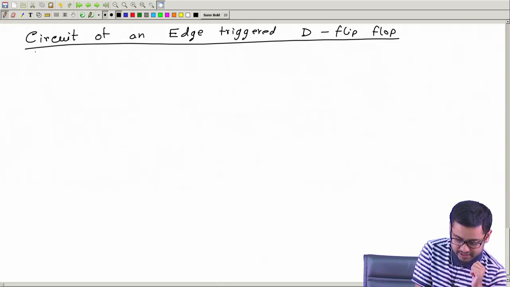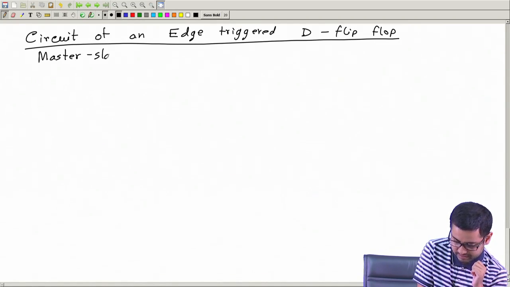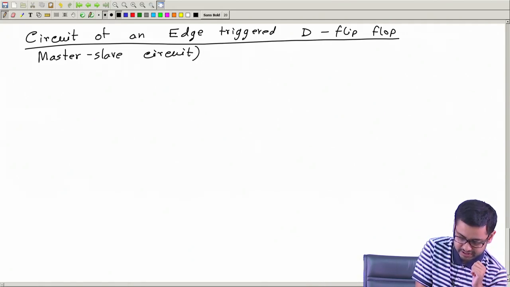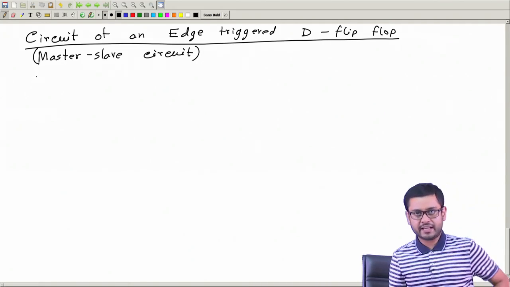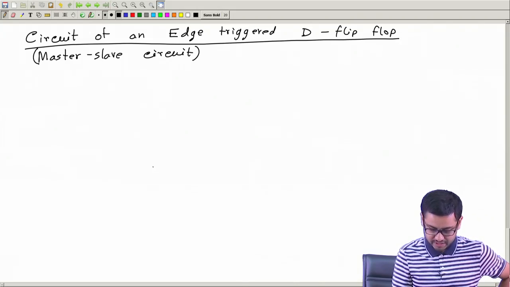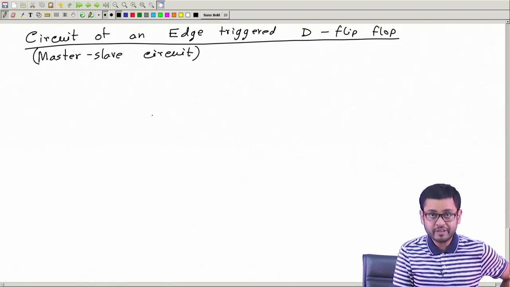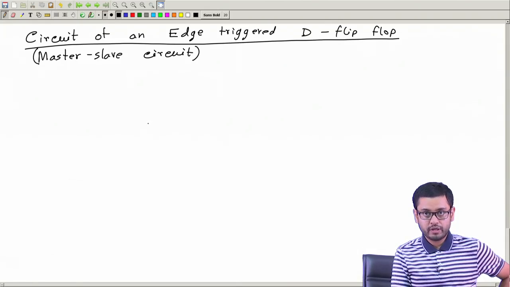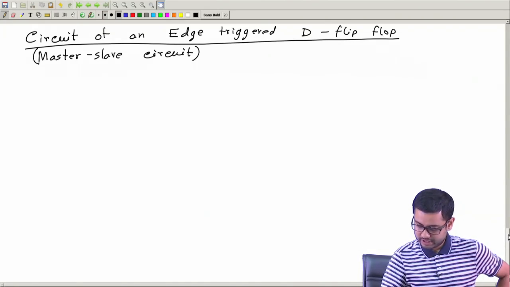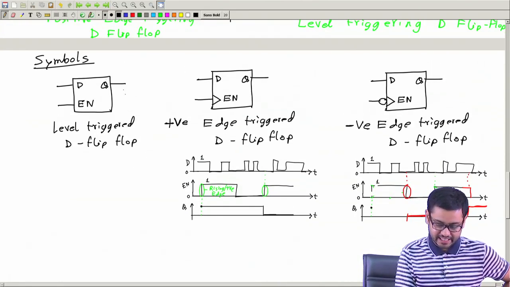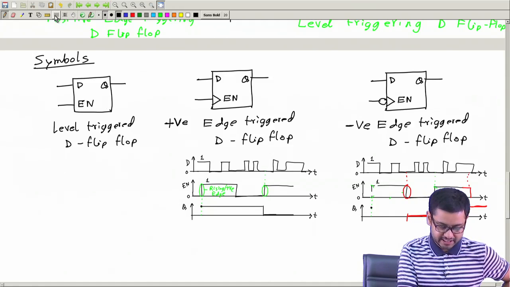And this particular circuit is called a master slave circuit. This is the name. We will understand soon why it is called so. So, what we will do is this: we will take two D flip flops, two level triggered D flip flops. So, let me just take this.